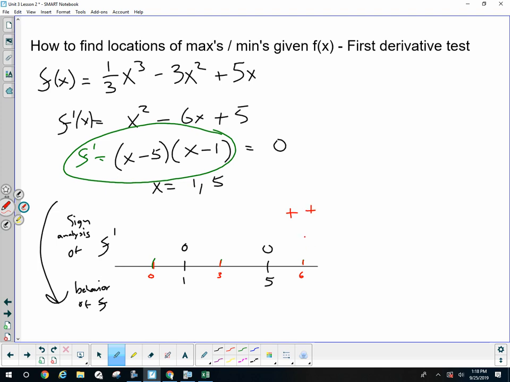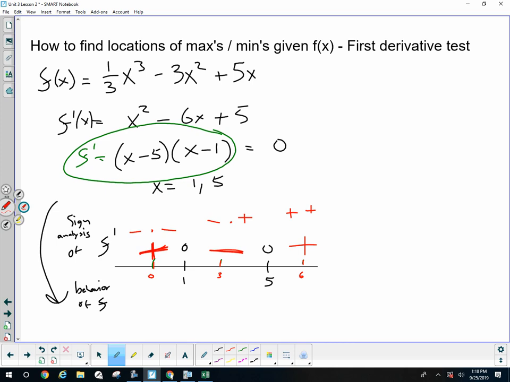Positive times a positive, positive. 3 minus 5, in my head, negative. 3 minus 1, in my head, positive. Negative times a positive, negative. 0 minus 5, negative. 0 minus 1, negative. Negative times a negative, positive.